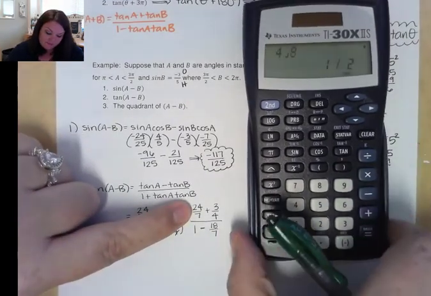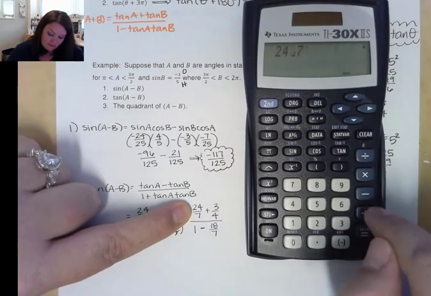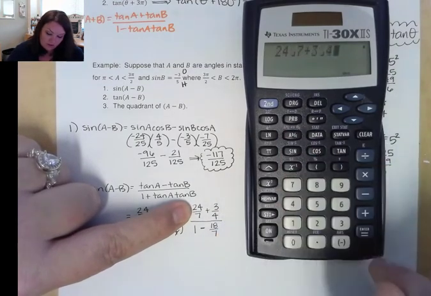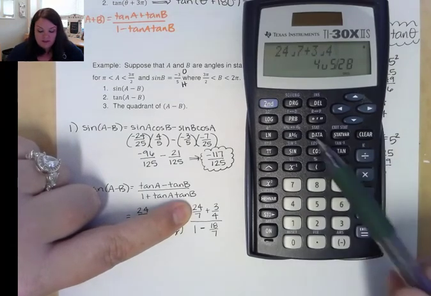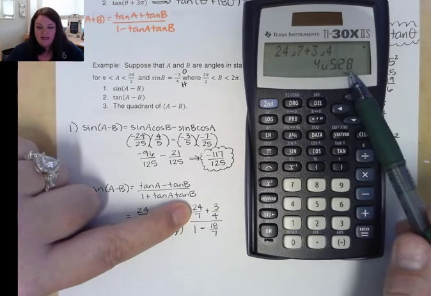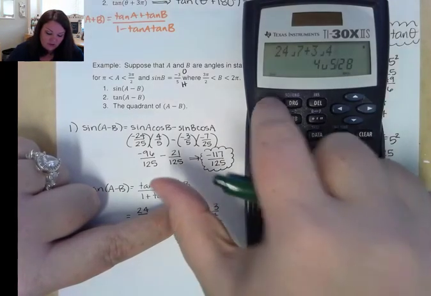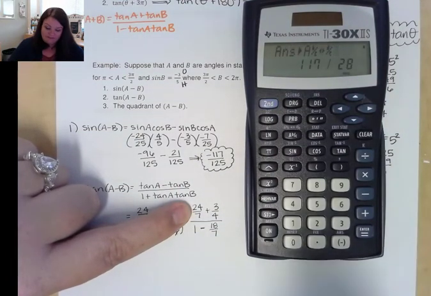So on top, I have 24 over 7 plus 3 over 4, which gives me a mixed number. Now, using that fraction button to change it from 4 and 5/28 to an improper fraction, you just use the second function of your fraction button.